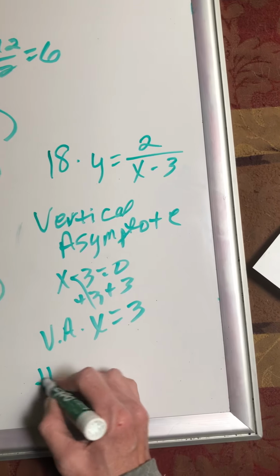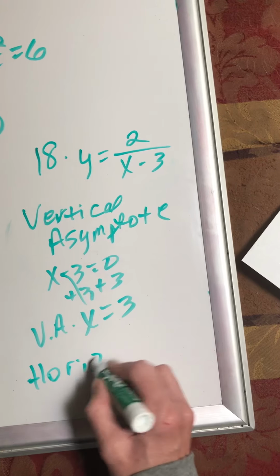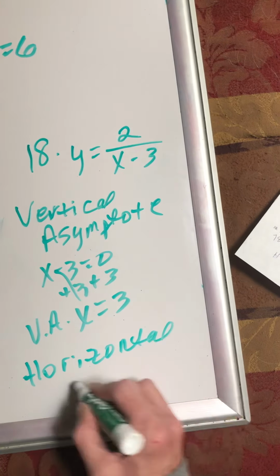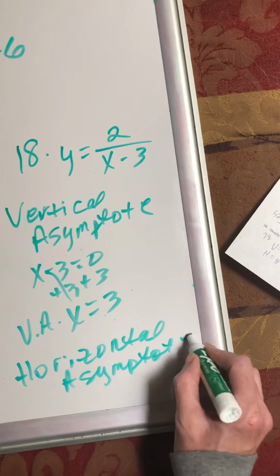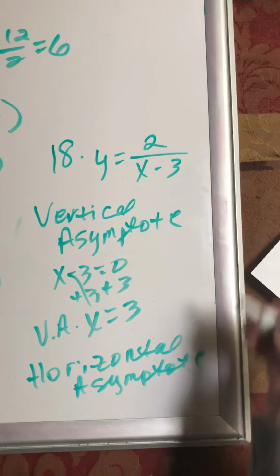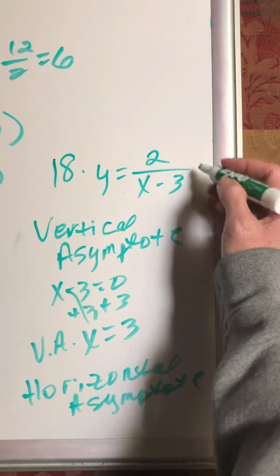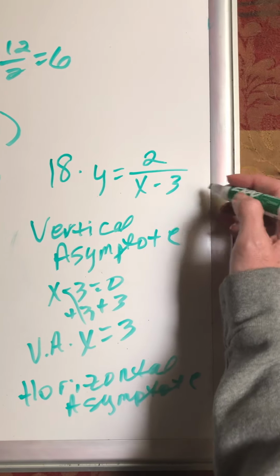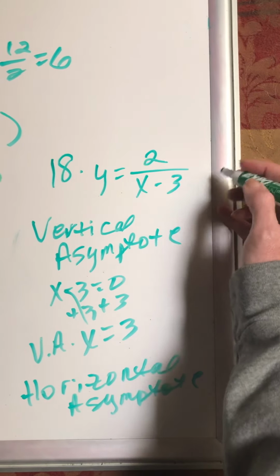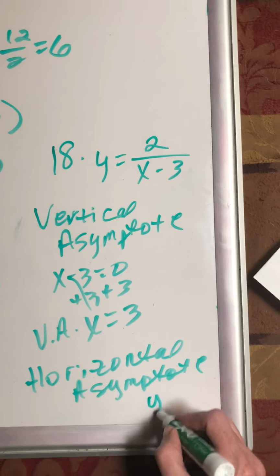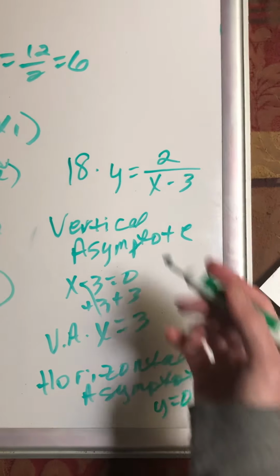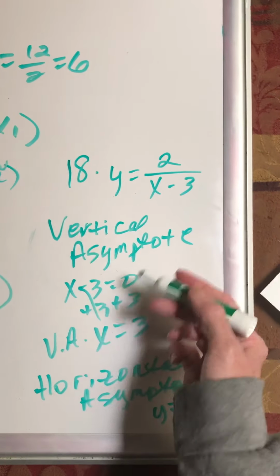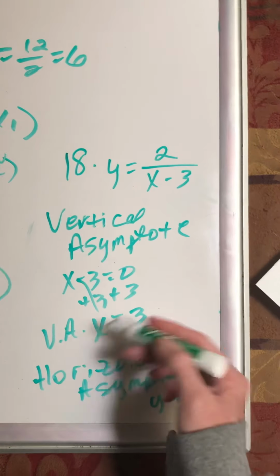Your horizontal asymptote, and we're not going to graph this. You're just going to find the asymptotes. That's all I want you to do. For your horizontal asymptote, you look at the equation and you look for an extra number out here, okay? If there's not one, your horizontal asymptote is y equals 0, which is what it's going to be right now. Really the only thing you're going to have to find is your vertical asymptote, putting the denominator equal to 0 and solving it.